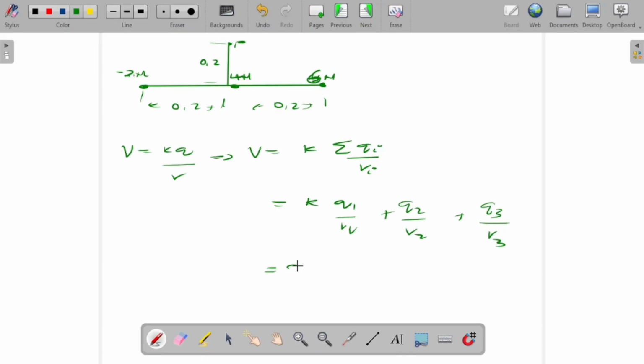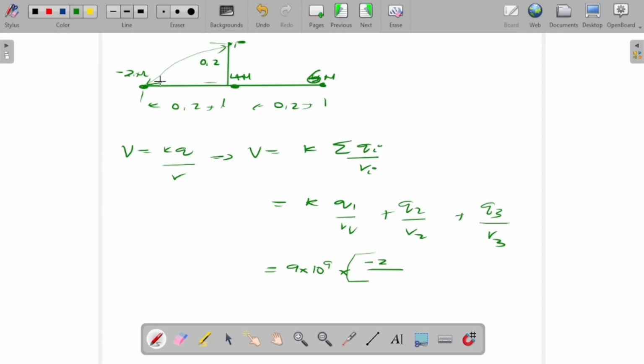Okay, now we have 9 by 10 to the 9 multiplied by Q1, we could say it's negative 2 over its distance from P. What is the distance of Q1 from P? This distance. That's 0.2 and then 0.2.